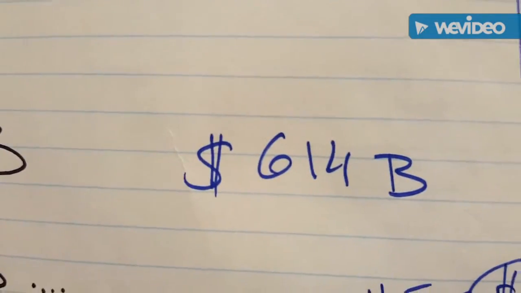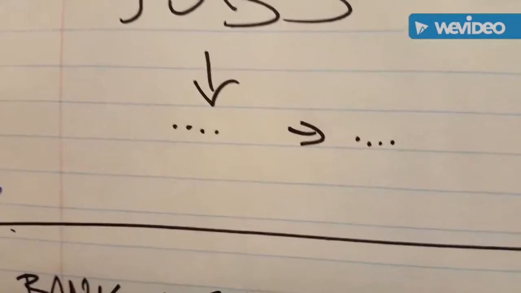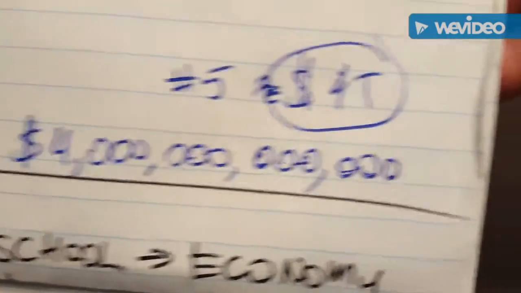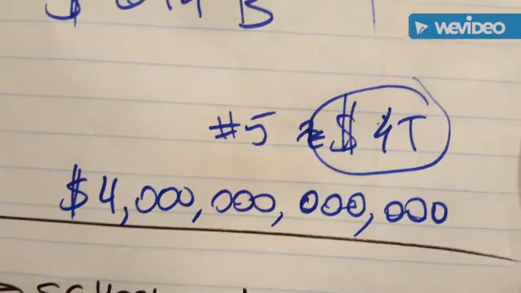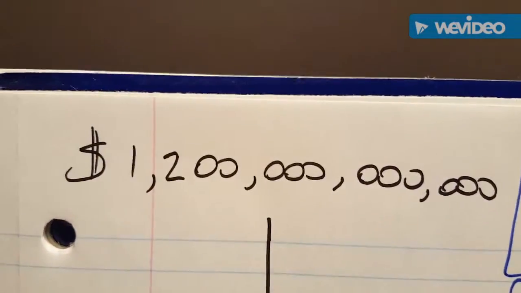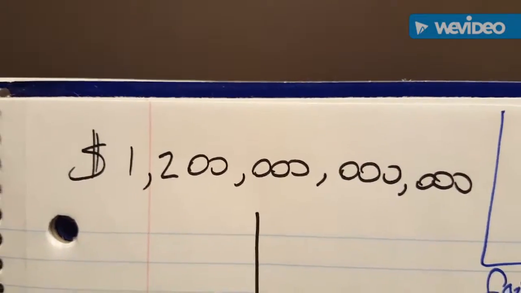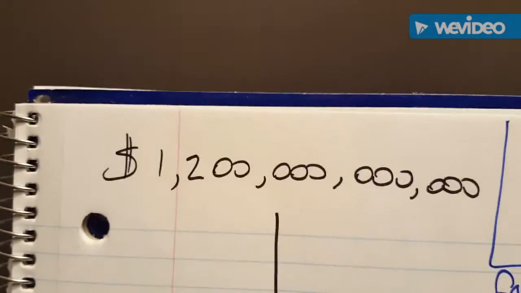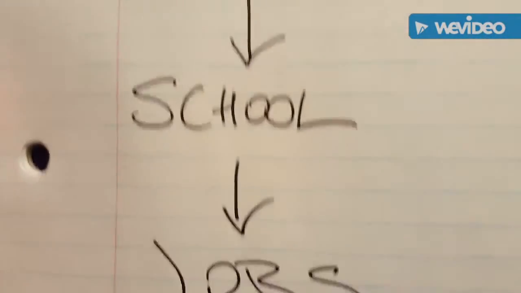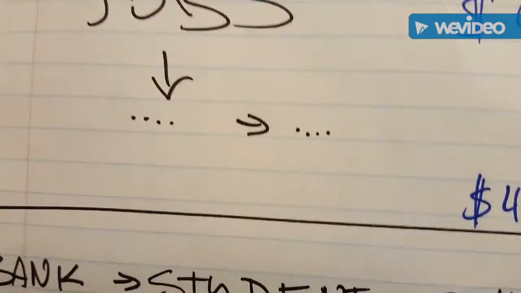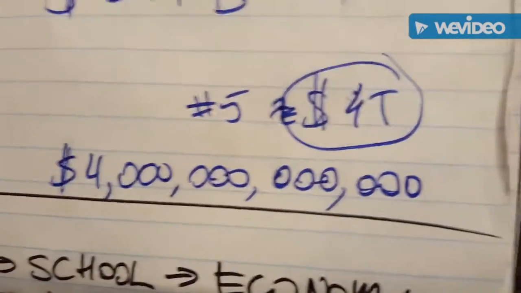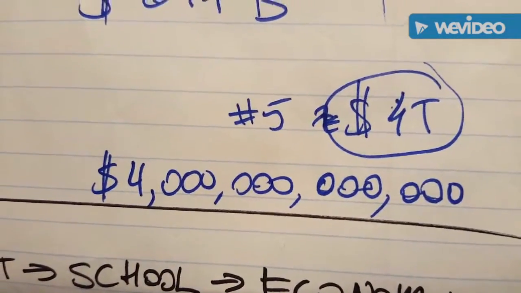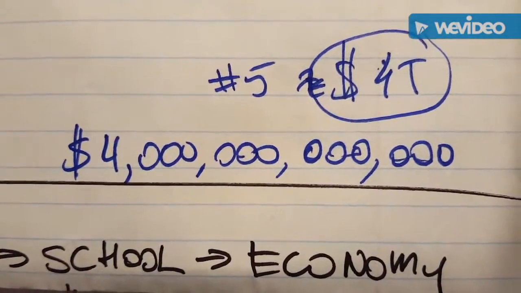And this continues on until we round it off at a fifth step, which brings us to a total of about $4 trillion. So I have given you a precise example of how trickle-down economy works through a multiplier effect by injecting $1.2 trillion through students, into schools, into jobs, and into the economy. And we have a volume of this injection that equals $4 trillion.